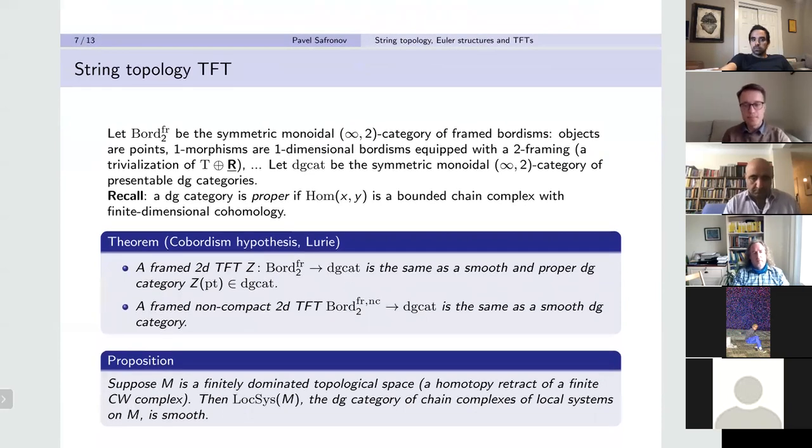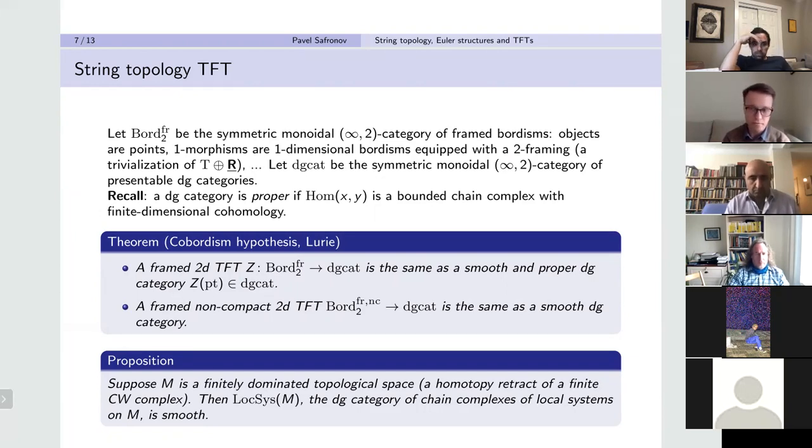And now here's the main example of a smooth DG category. Let's say you have a topological space and you look at the DG category of chain complexes of local systems on the topological space. So this is a nice presentable DG category. And if you assume a certain finiteness condition on this topological space, what's called a finitely dominated space, which is by definition a retract of a finite CW complex, then this DG category is actually smooth.